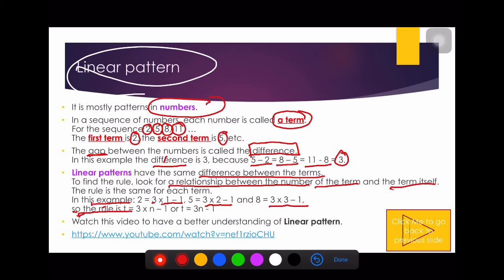So the rule is T, the term, equals 3 times n minus 1, or 3n minus 1. You can watch this video here to learn more about linear pattern.